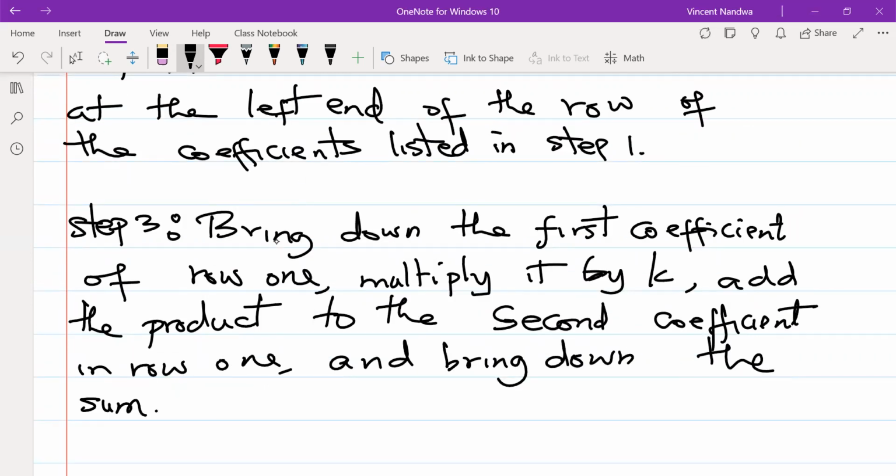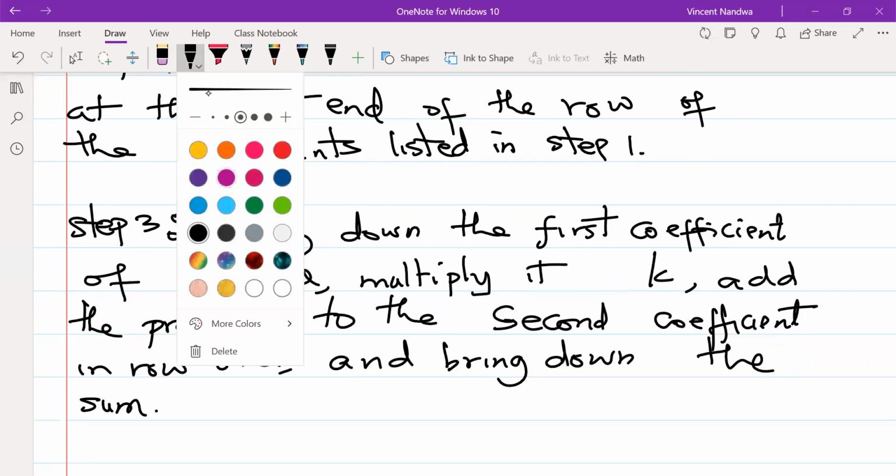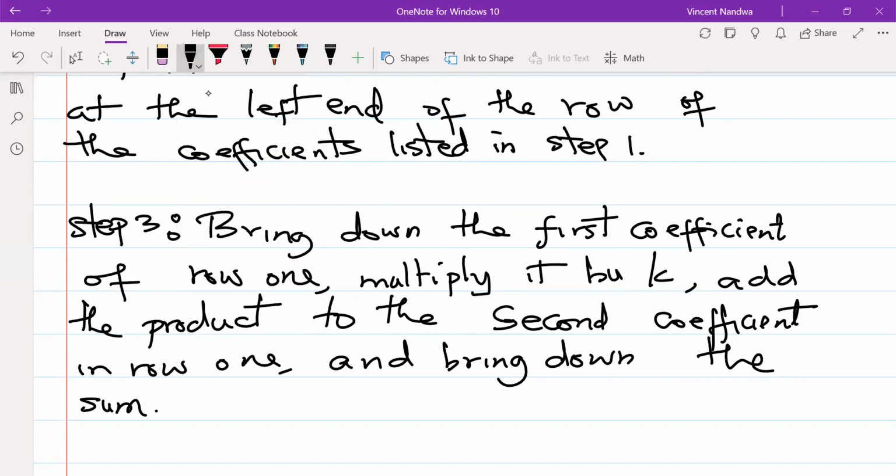That is, bring down the first coefficient of row 1, multiply that coefficient by k, then add the product to the second coefficient in row 1, and then bring down the sum to the same line where you had written the first coefficient in row 1.